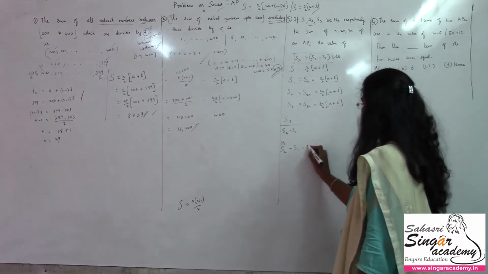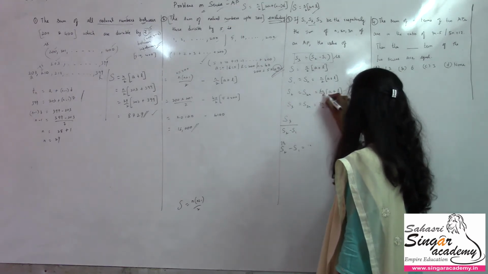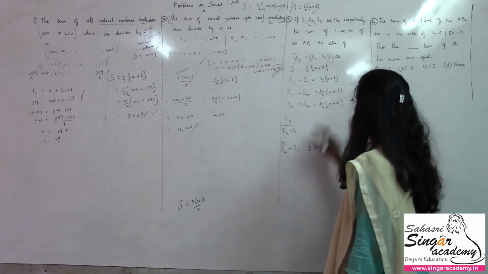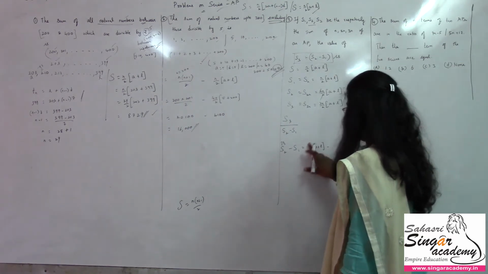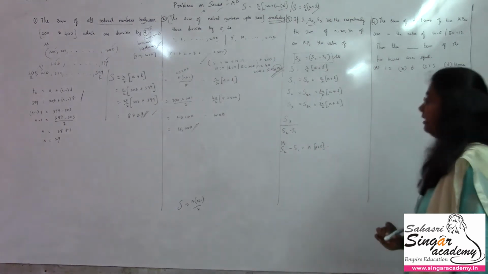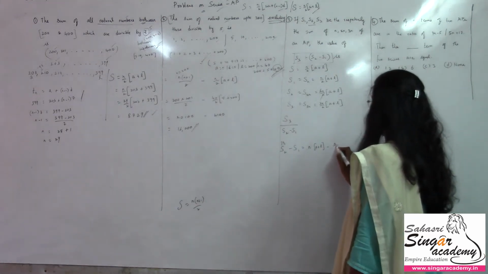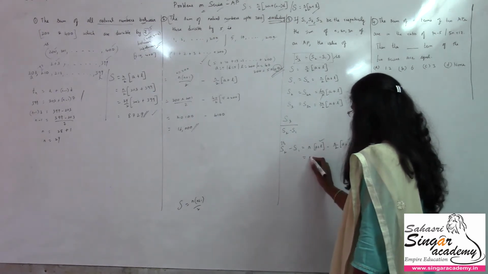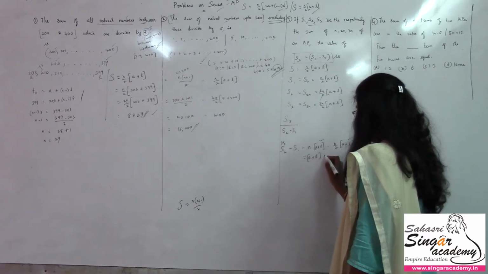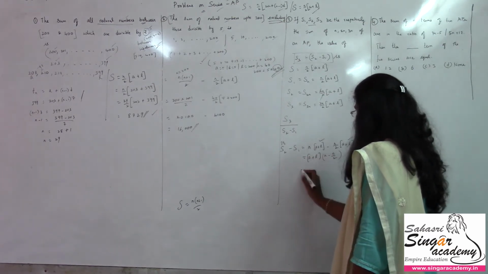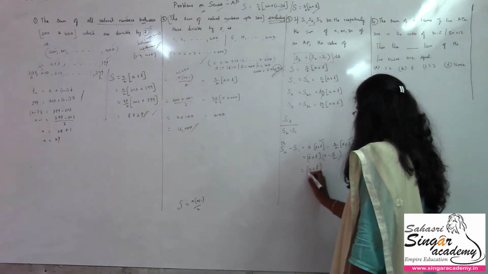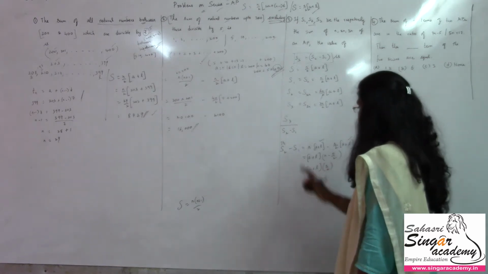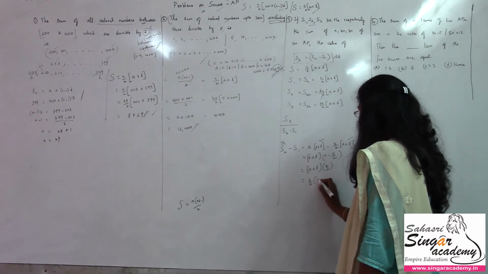S2, which is 2n by 2 or n, into a plus l, minus S1, which is n by 2 into a plus l. a plus l is common, so a plus l into n minus n by 2, which is n by 2. So I got the value as n by 2 into a plus l.